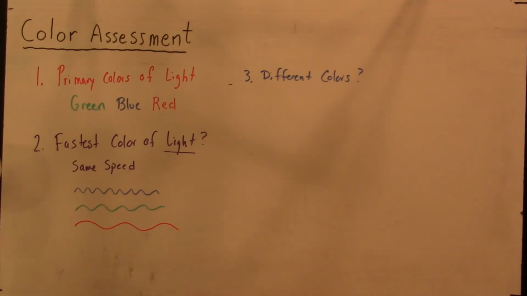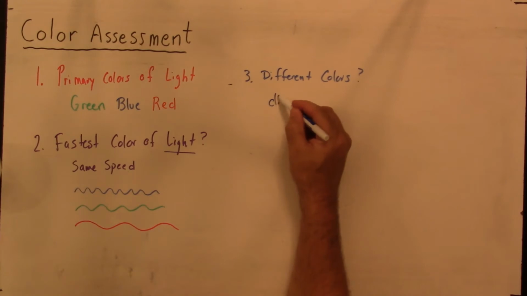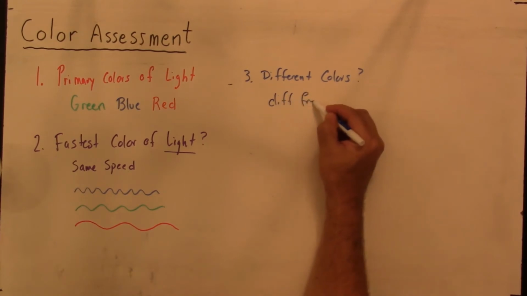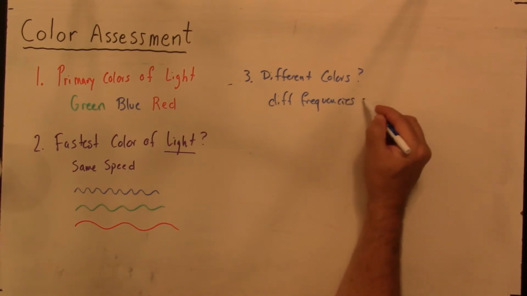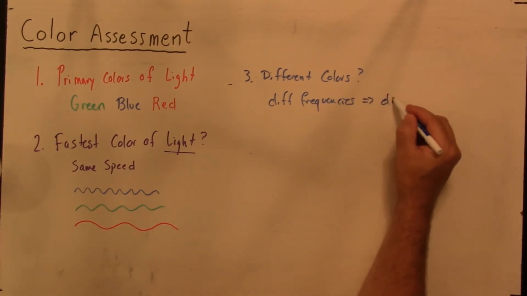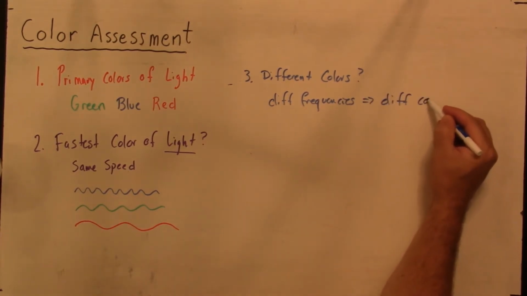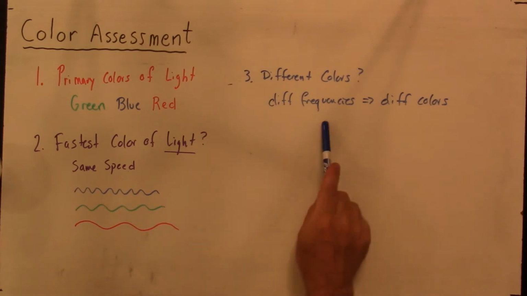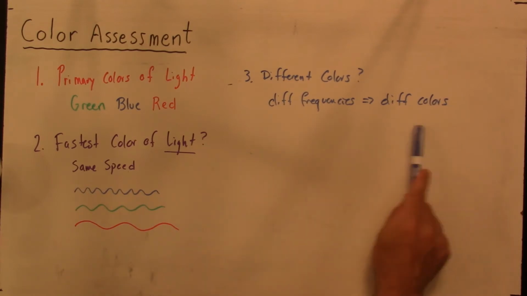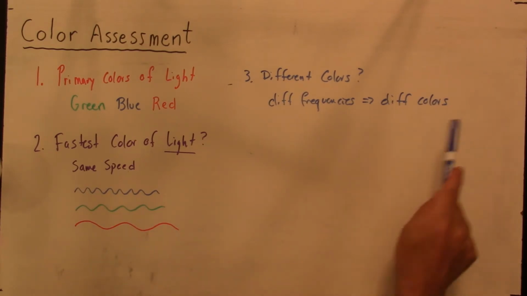Each of these is a different frequency. So the different frequencies give you different colors. Now, you could also say, I suppose, that different wavelengths would also give you different colors, but normally when we say it, different frequencies give you different colors.